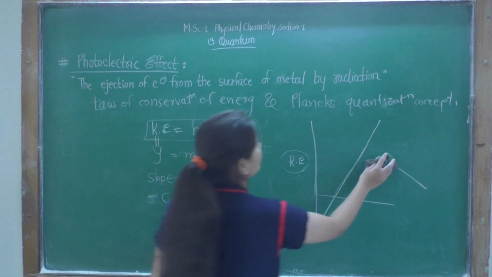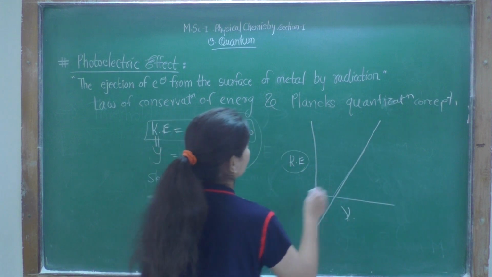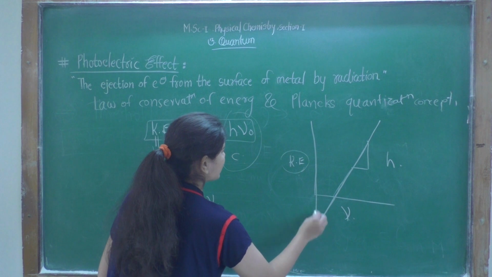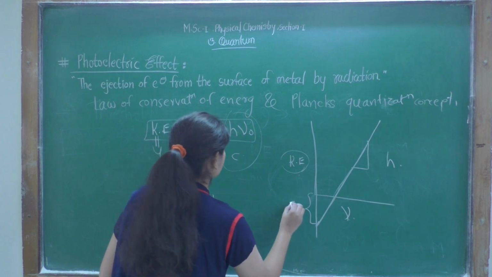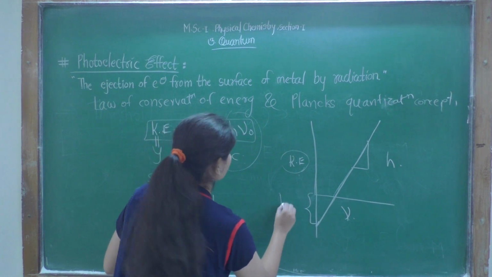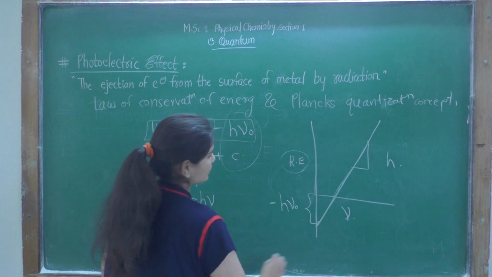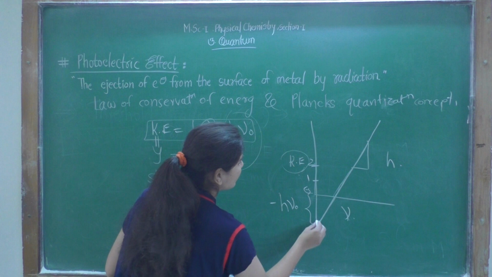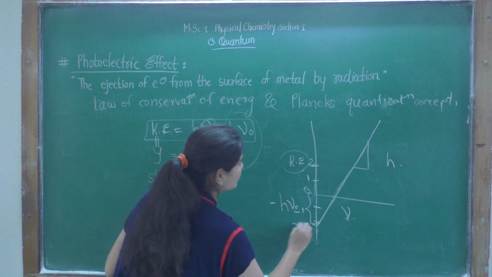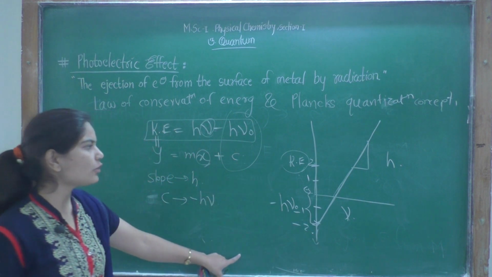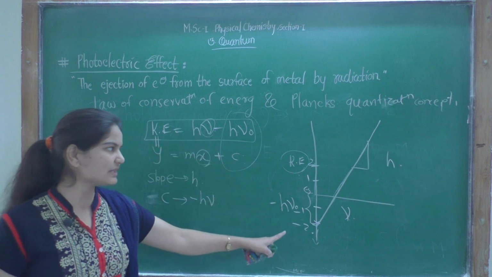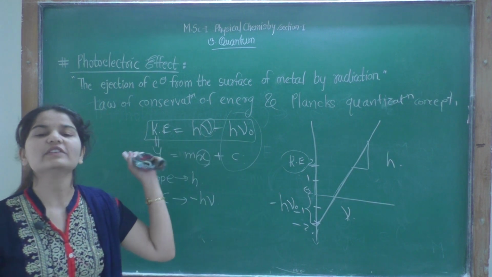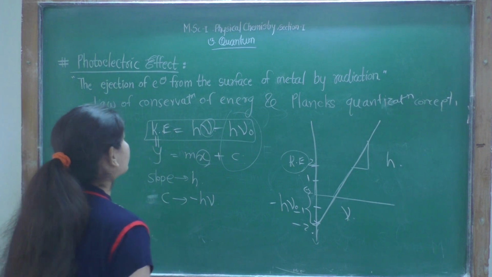But here the slope is positive, that is h, and the intercept is negative. c is minus h nu naught. Here 0, here 1, 2 and so on, and here minus 1, minus 2. So we get a negative y-intercept and positive slope, and the graph is a straight line for the photoelectric effect.